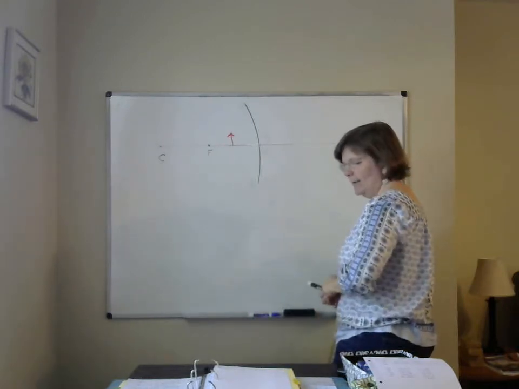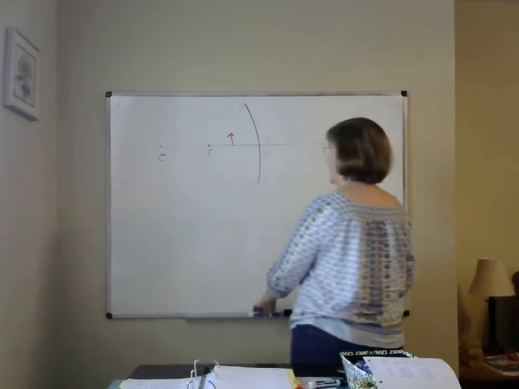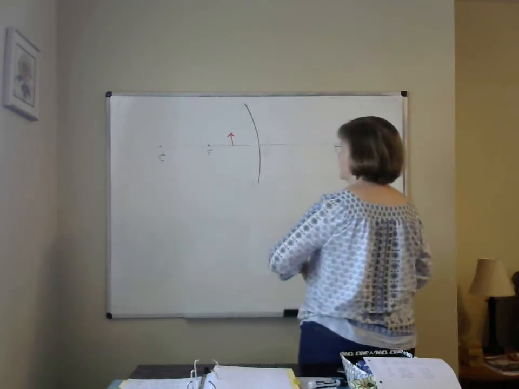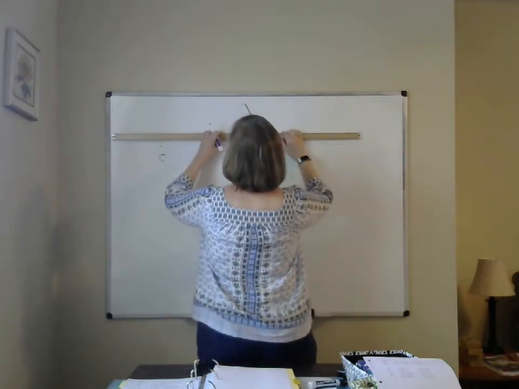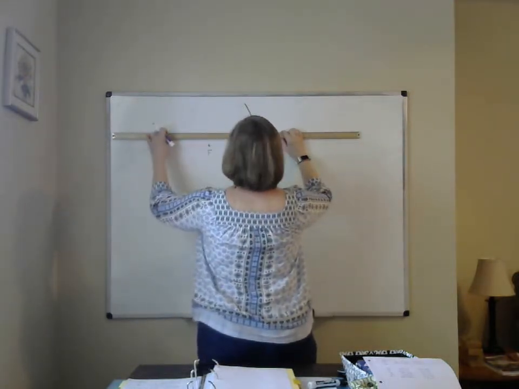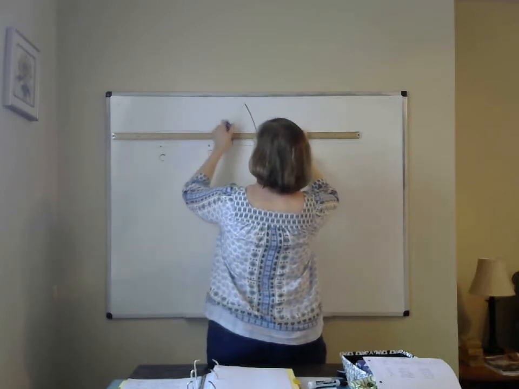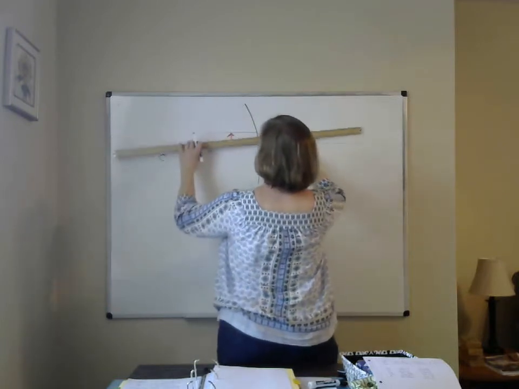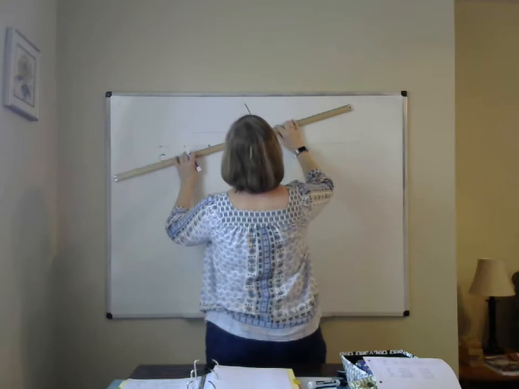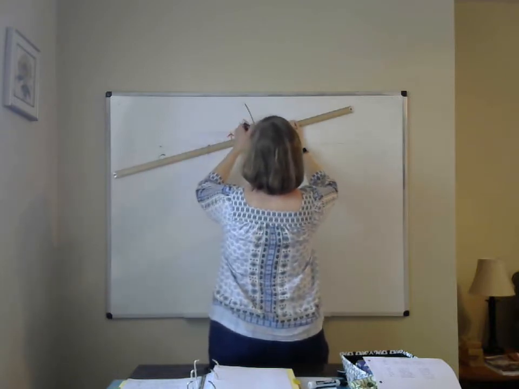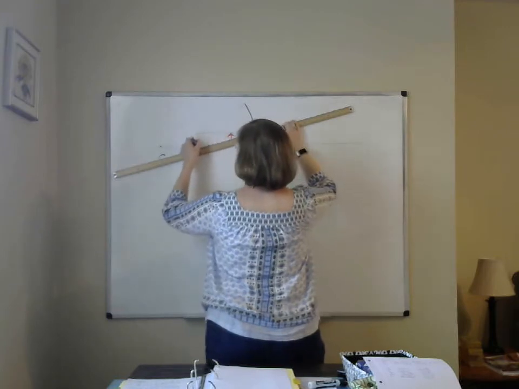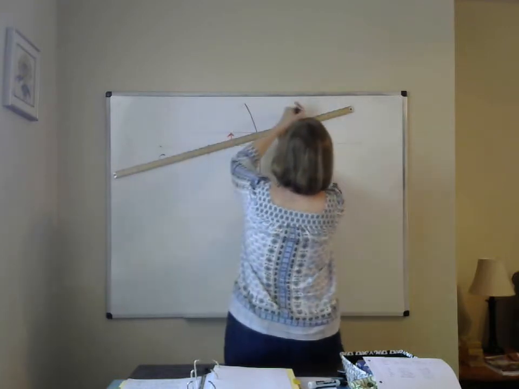Let's look at an incoming ray that's parallel to the axis. Try to draw it pretty parallel right across the tip of that arrow. It will reflect like this.